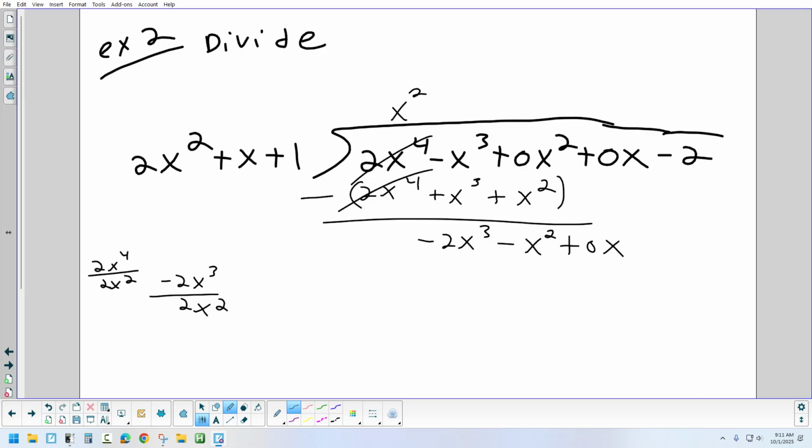Yep. Negative x. Negative x. Okay, and now multiply that back out. Jackson, what do you get when you multiply that back out?